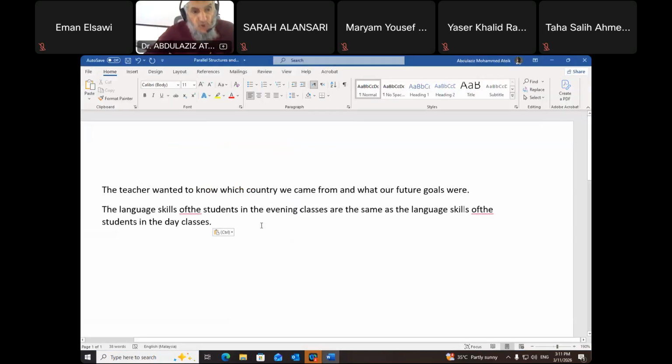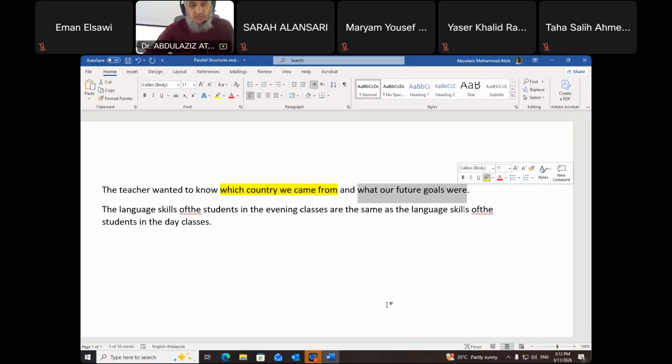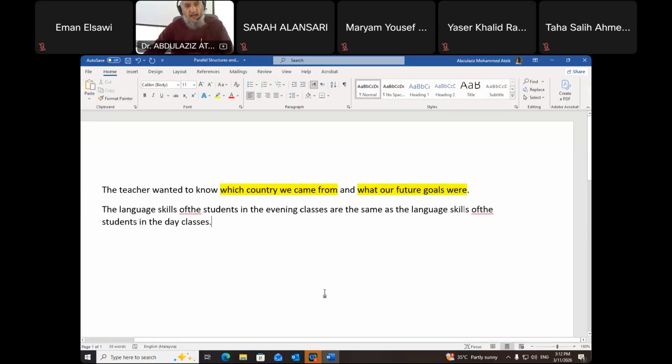Look at this. We said this is a noun clause, and this is a noun clause. Whereas this one is longer than the other one. Look at this. Longer.